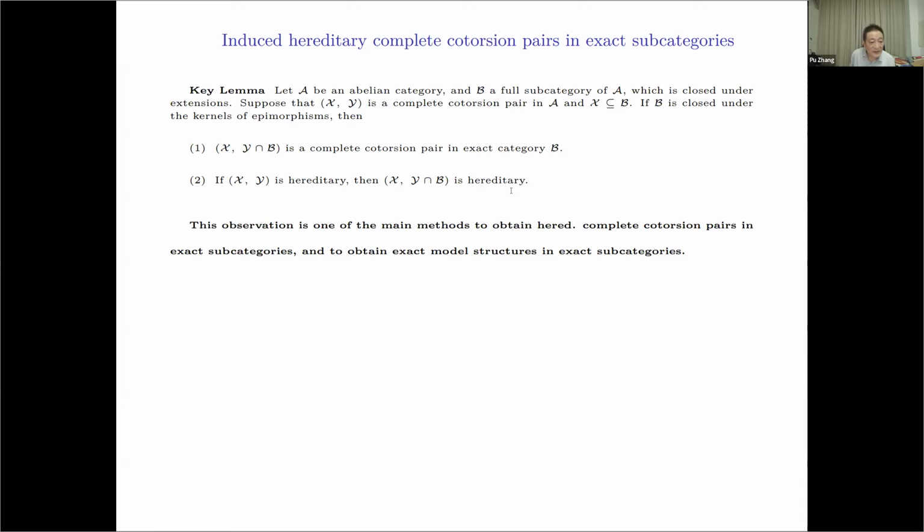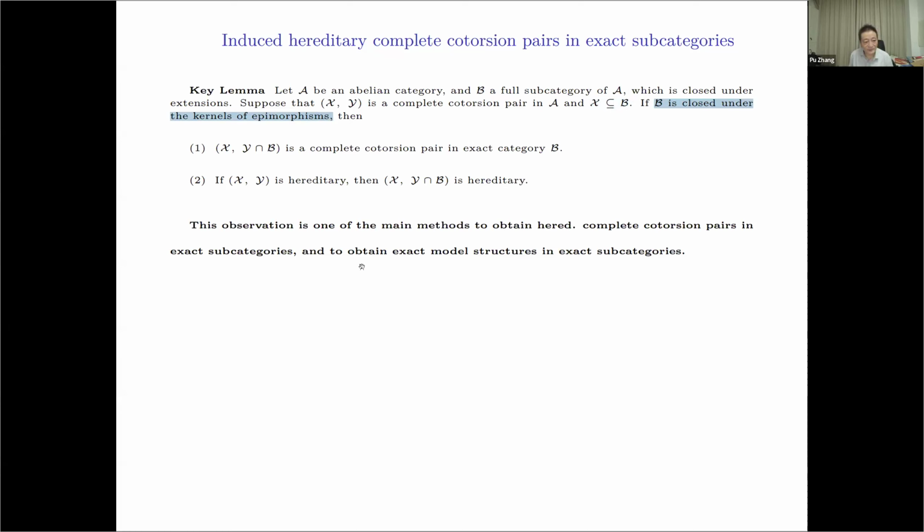So let me stress that usually a cotorsion pair in A can never restrict to its subcategory such that it is a cotorsion pair in B. But with these quite strict conditions, it can.